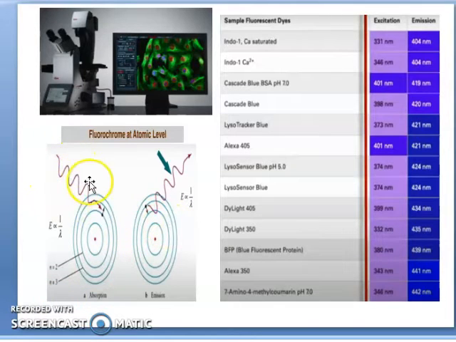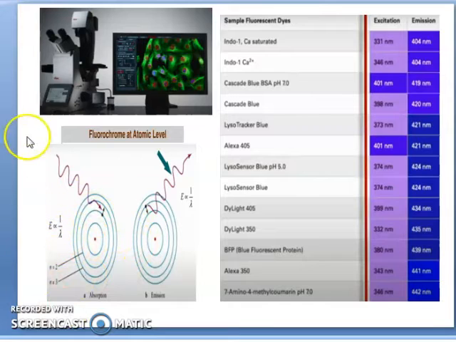When you shine a particular wavelength of light on it, its electrons absorb that light and jump to a higher orbital. Due to the absorbed energy, they become excited and jump to the higher orbital. This is happening here.